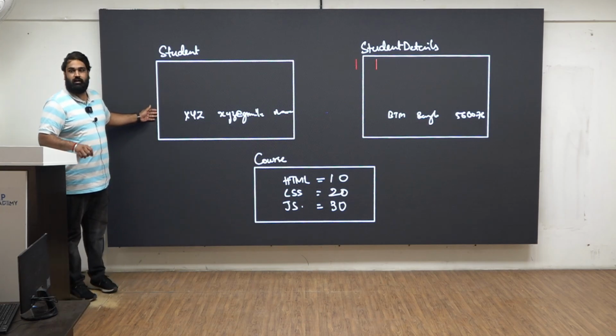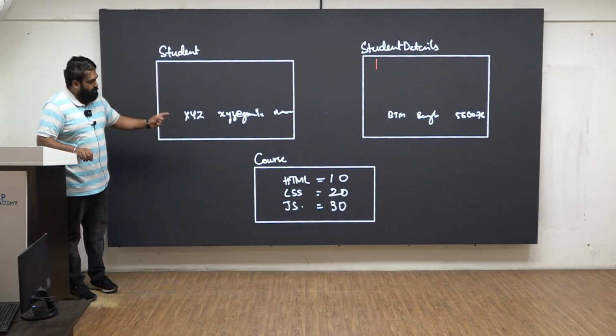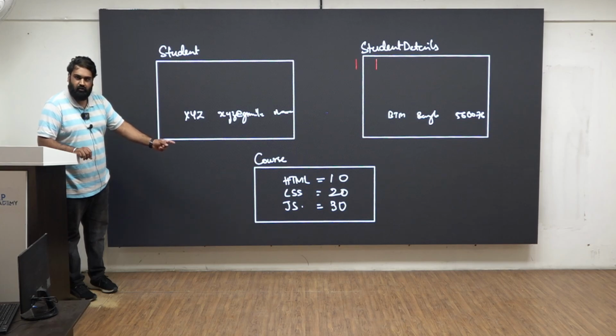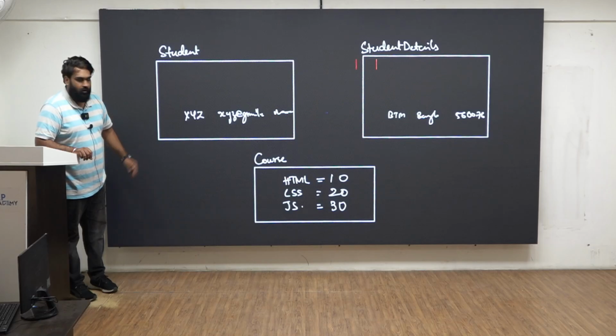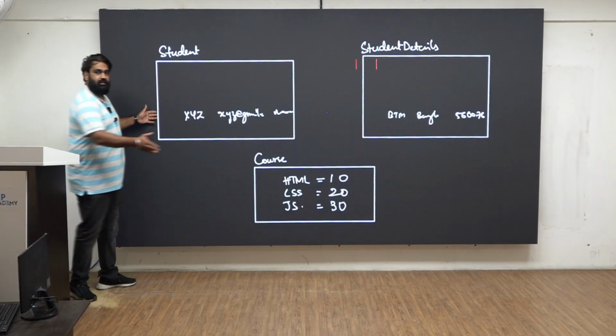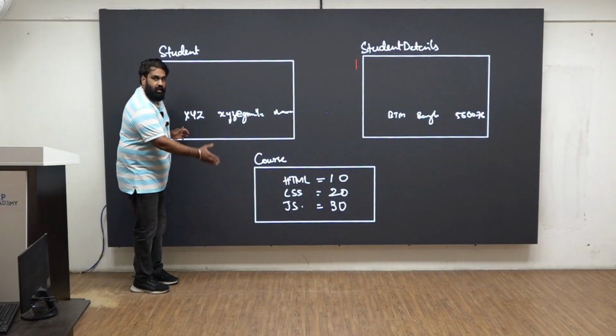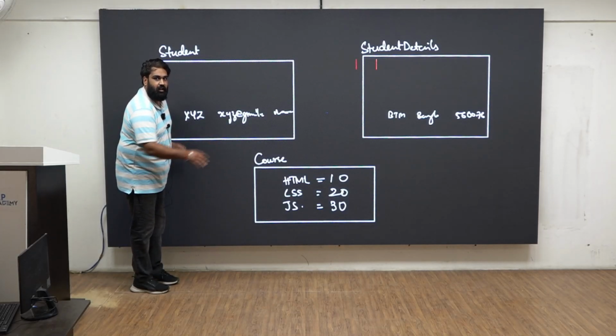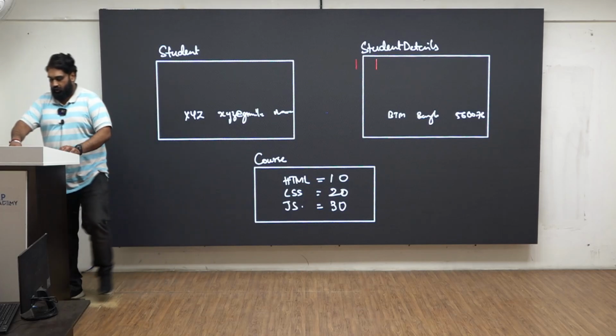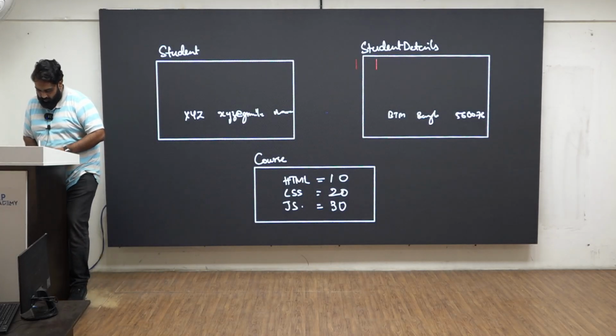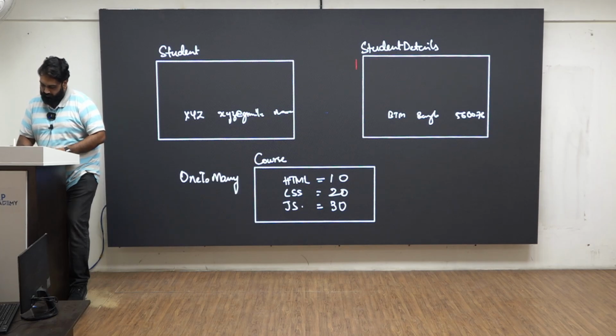Is one row in the student table mapped to one row in the course table? No sir, it is mapped to many rows in the course table. Will you agree with me? One row in one table is mapped with many rows in another table. This is called one to many.